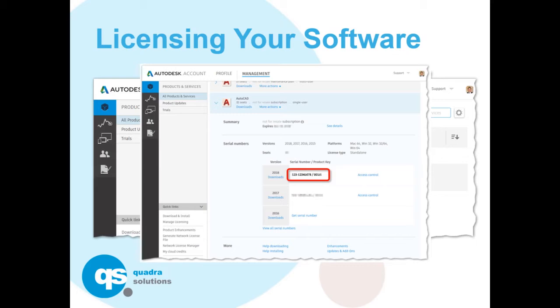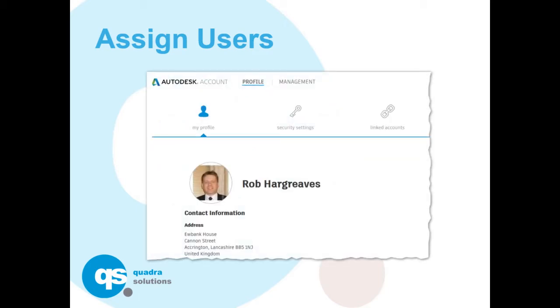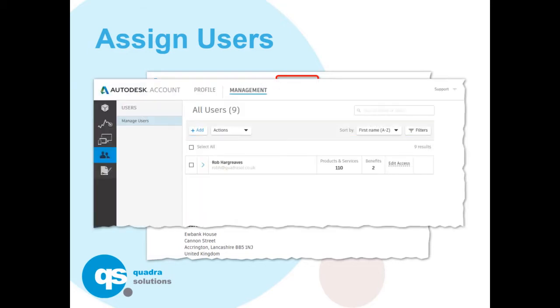Okay, so you've got your serial number and product key entered. The next thing you must do with subscription software is assign users. Also done through your account and through the management link. So this time we're going to click on the users icon on the left hand side of the screen there.